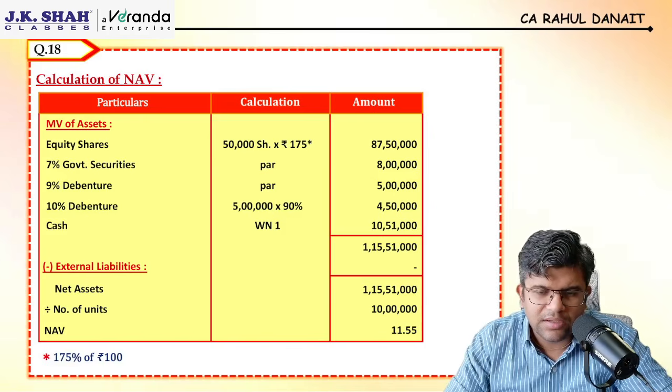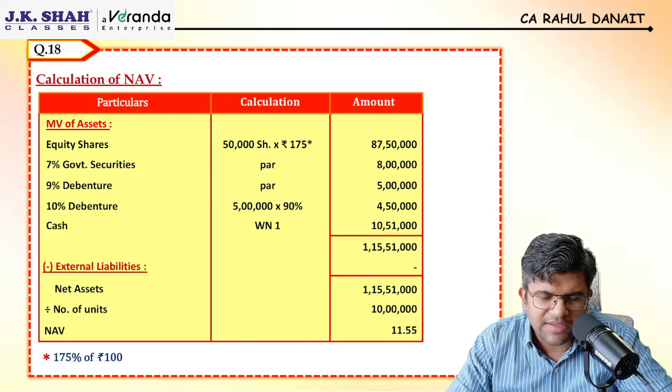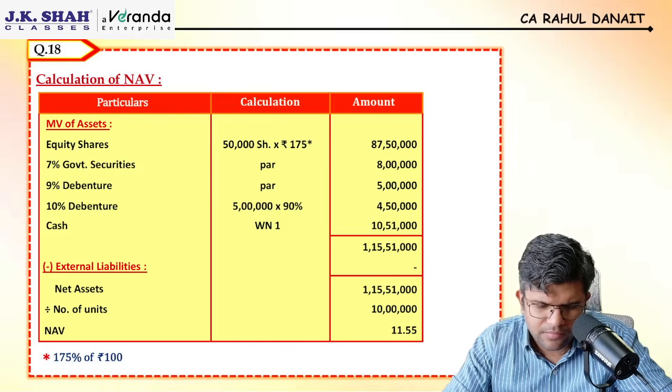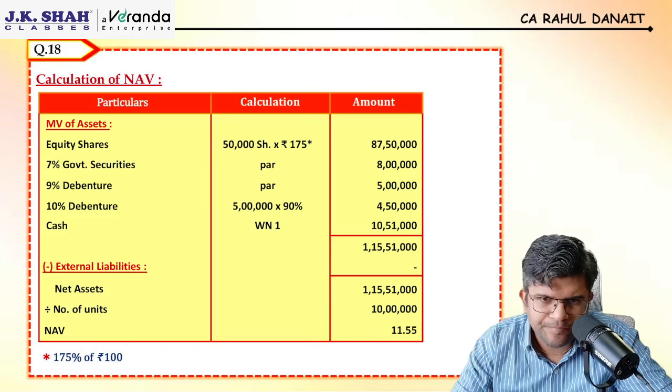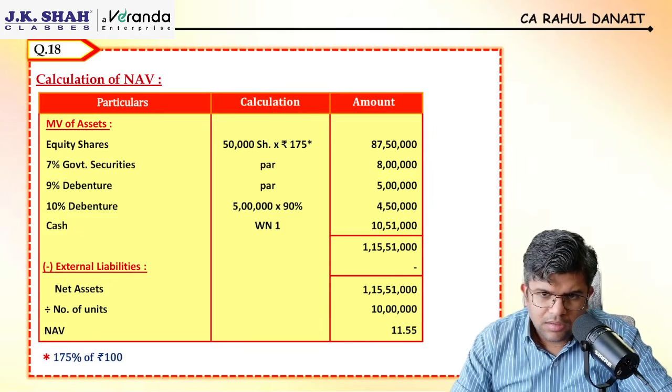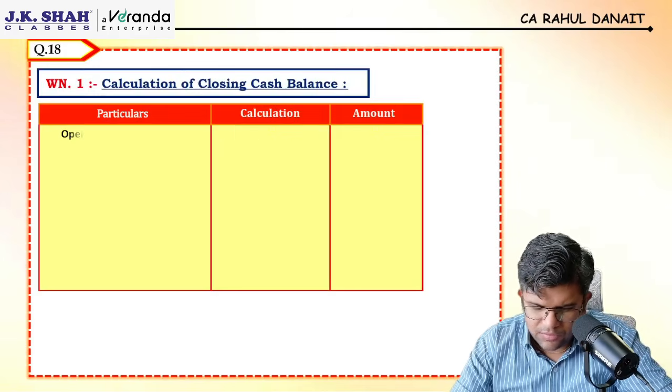Students, this last one, star, please mark. 175% of 100. Are we done? Okay. So the calculation of cash, please.